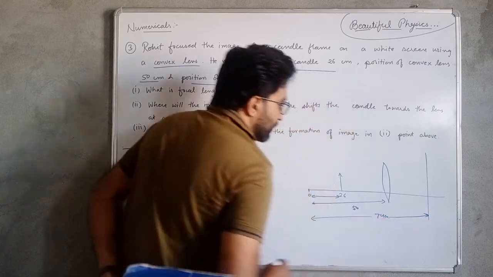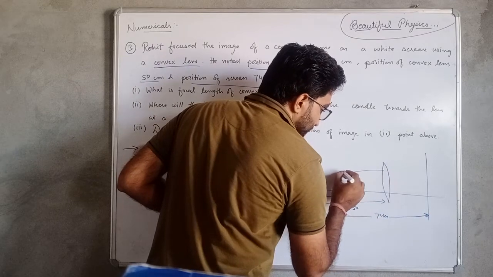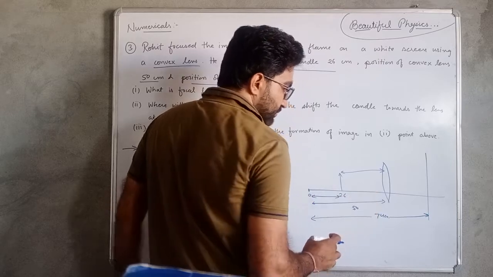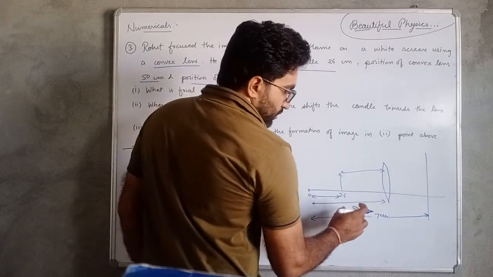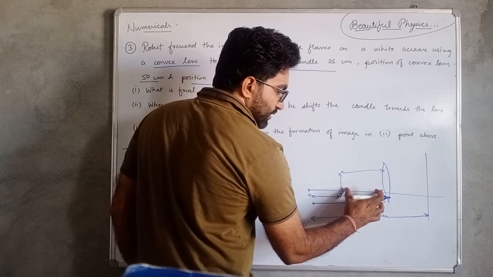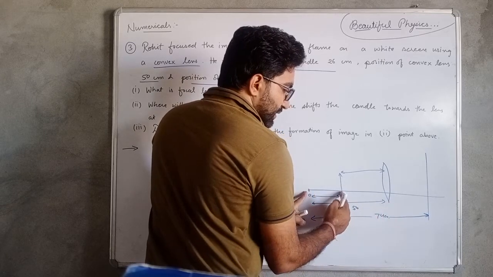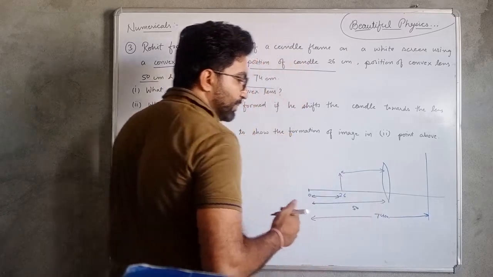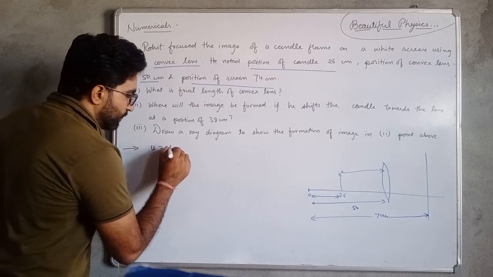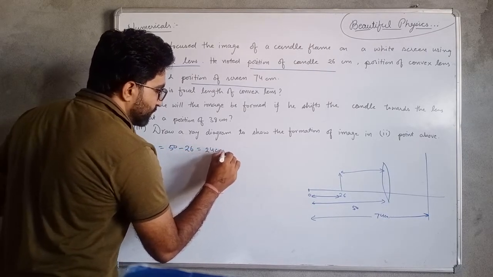Firstly we have to find the distance between lens and the candle, this distance. It can be observed that if we subtract 26 from 50, then we have this distance. So the object distance u will be equal to 50 minus 26, which is 24 centimeter.